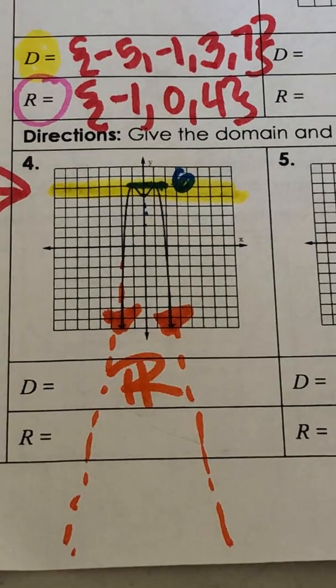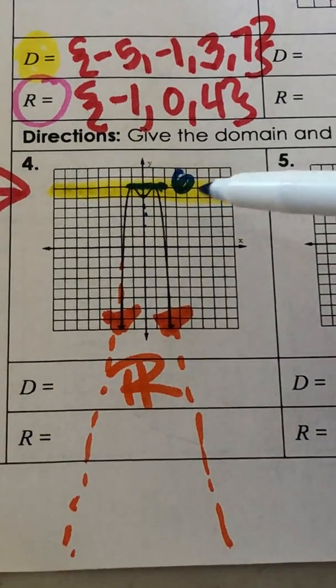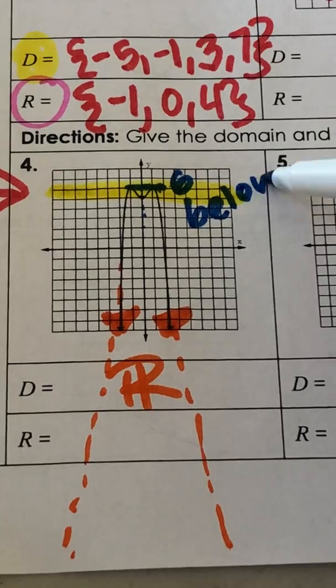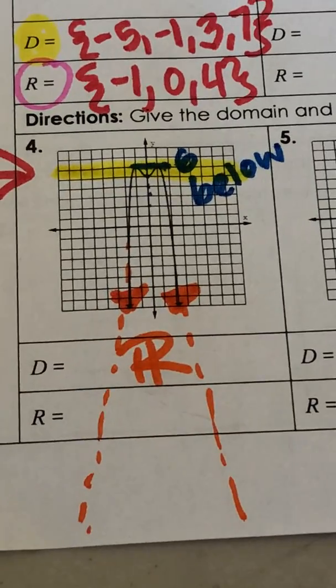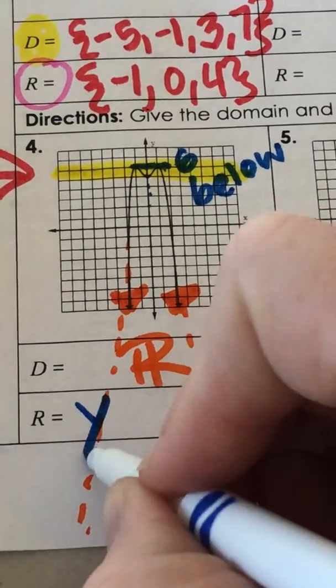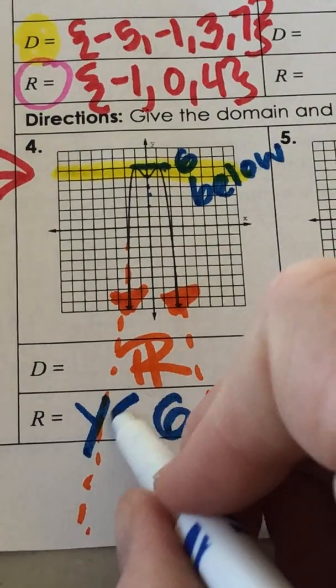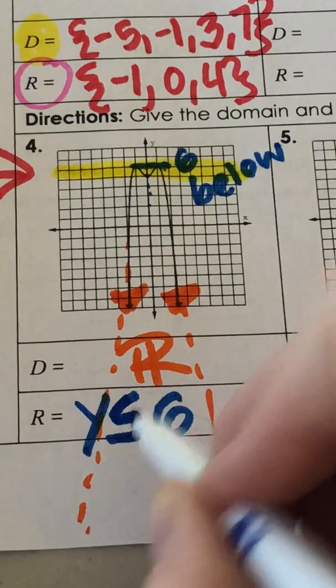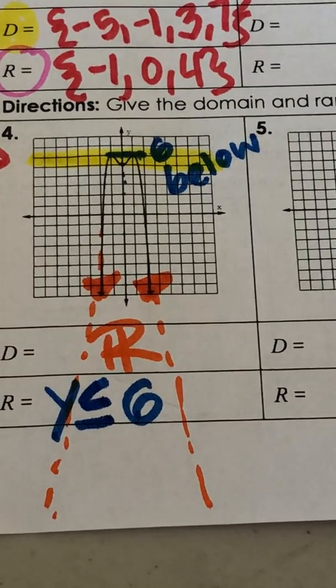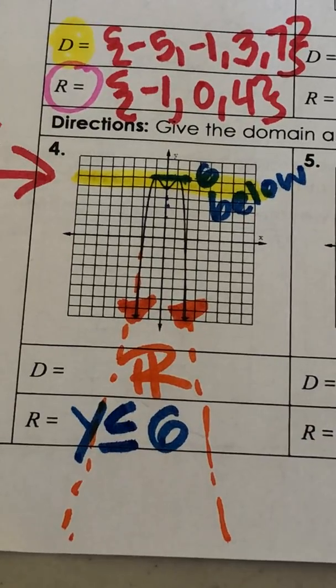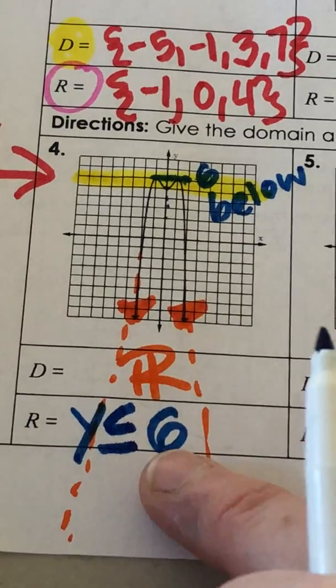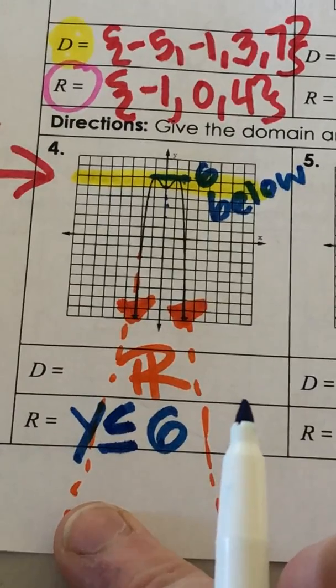And then the rest of the graph is really below this 6, okay? So when we're talking about the range, we're obviously talking about y. And it starts at 6, and then it goes below it, but it also hits 6. So that's your range. Y is less than or equal to 6. Okay, that's the highest point, and the rest of the graph lies below it.